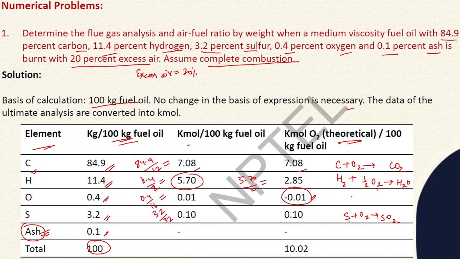For sulfur, 1 mole requires 1 mole of oxygen, so 0.10 mole of sulfur will require 0.10 mole of oxygen. Adding all this, we get 10.02 moles of oxygen required theoretically for complete combustion of this fuel.